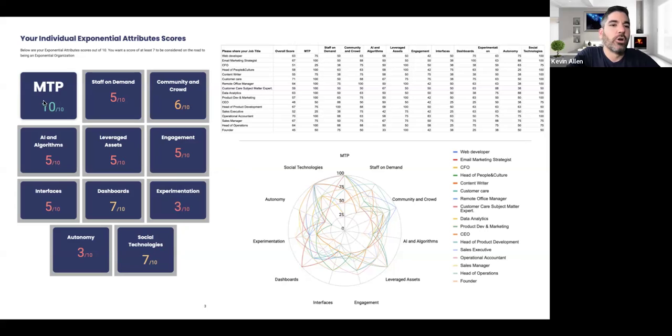And so ultimately you'll see an example here. Obviously this is an individual's scores. In this case, it's a company that has an MTP. Dashboards are fairly good. Social technologies, they're looking at using community and crowd, but not experimenting and not doing so well in many of the attributes here.